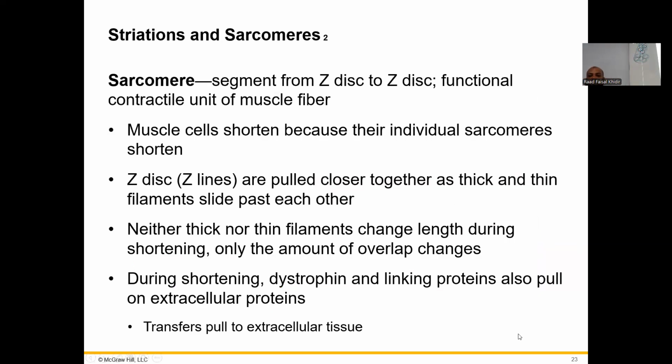So the sarcomere is a segment from the Z disc to the next Z disc.